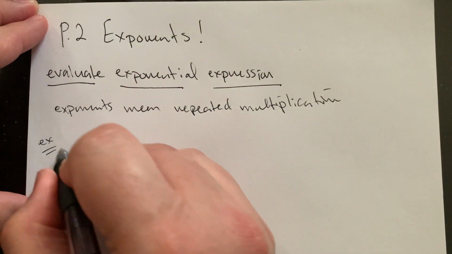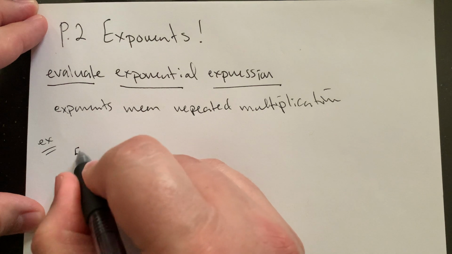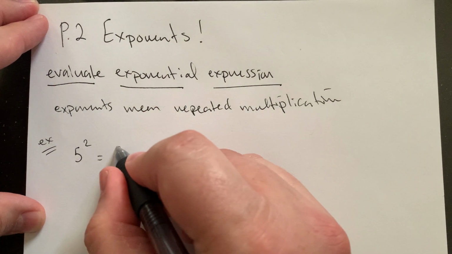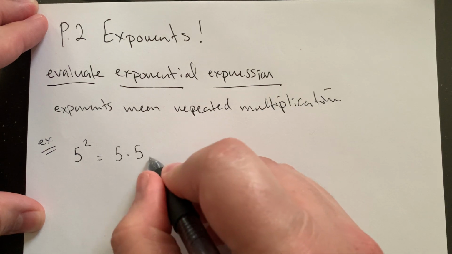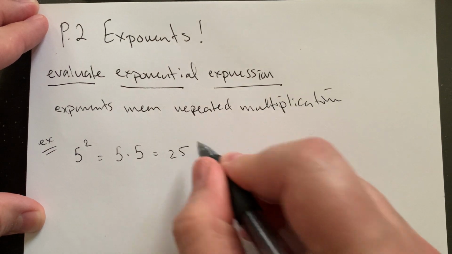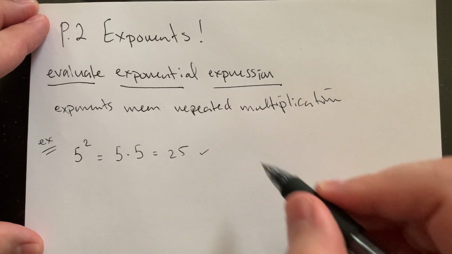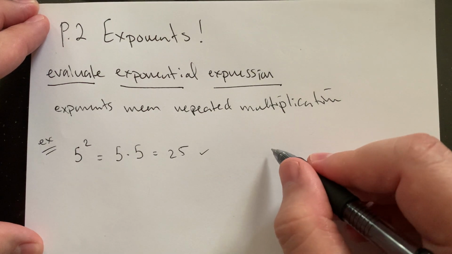Right, so like 5 raised to the 2, what that really means is 5 multiplied by itself 2 times, right? So 5 squared is 5 times 5 is 25, right?